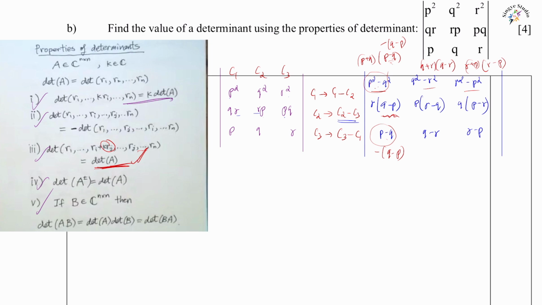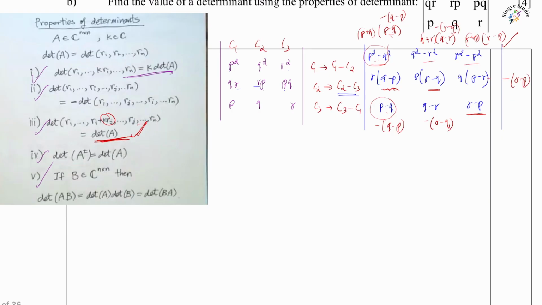As well as I want to take r minus q as the scalar, so I have to modify this and do r minus q, and here also negative (r minus q) like that, okay? And here I want to take r minus p as a scalar. I have to modify this and take negative (r minus p), and here it will remain as it is, okay?